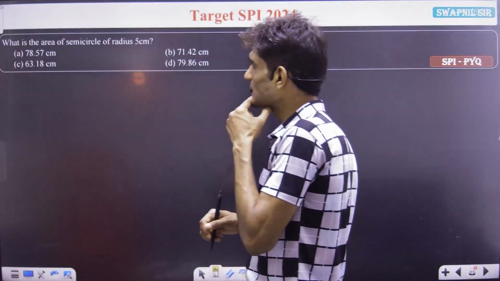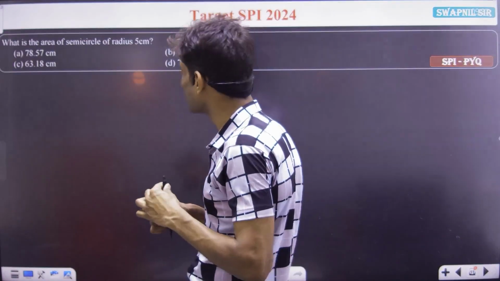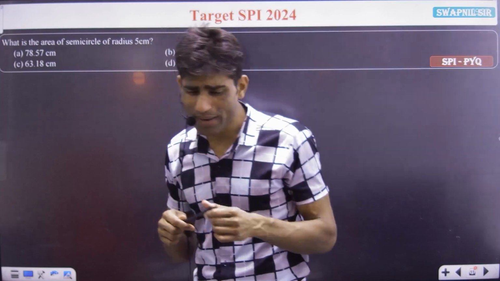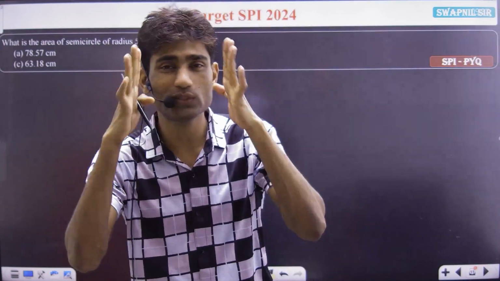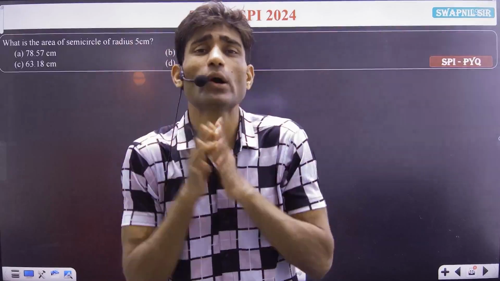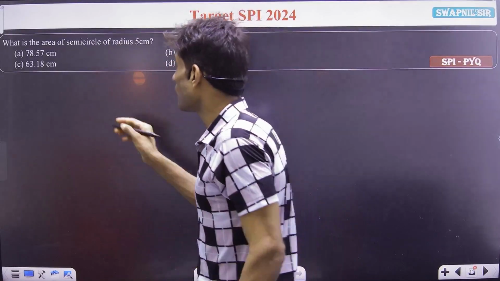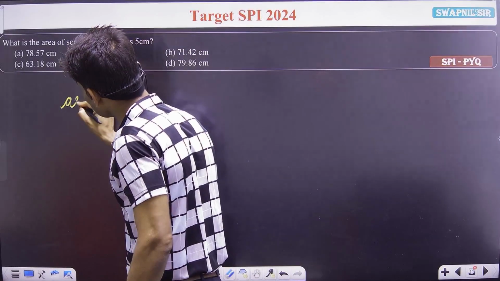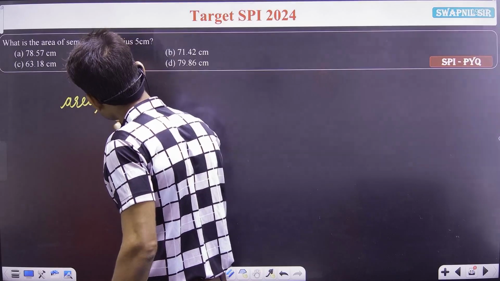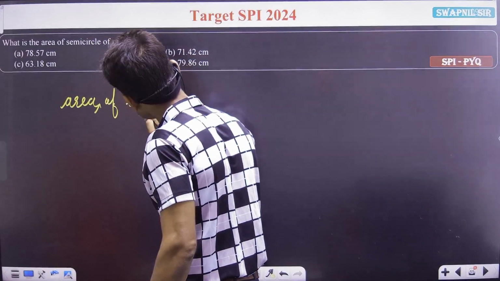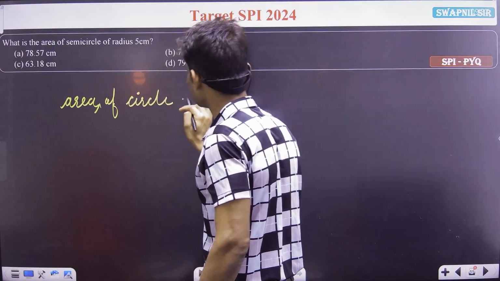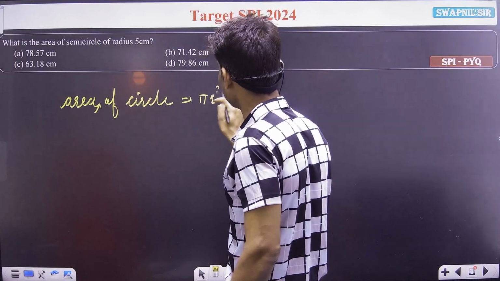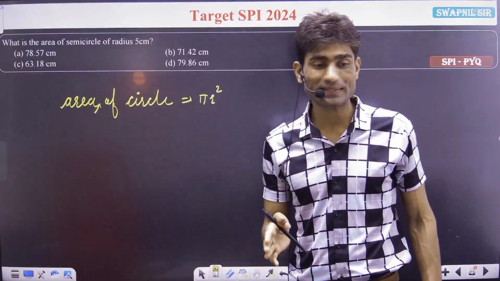Now the next question: what is the area of a semicircle of radius 5 centimeter? In this condition we need to know the area of a circle. So what is the area of a circle? Let me write: the area of a circle is pi r square.